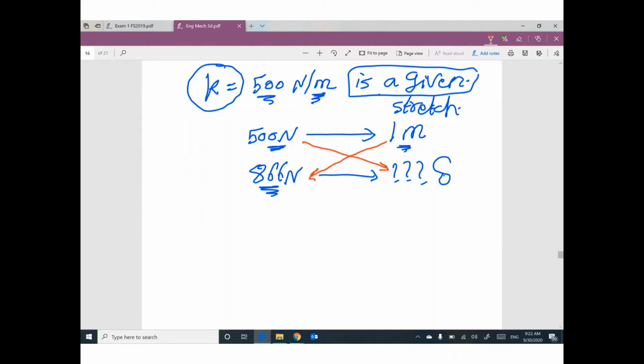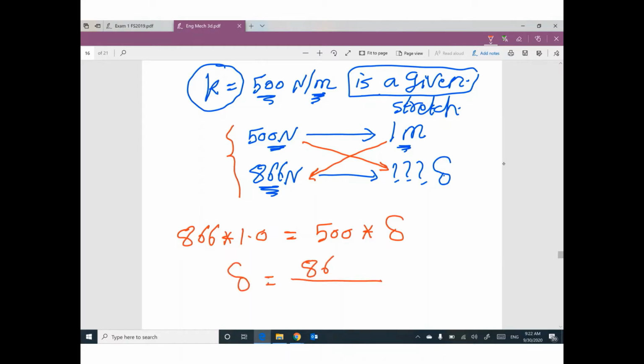So 866 times 1 equals 500 times delta. That means your delta will be 866 times 1 divided by 500. So I can figure out the value of delta, which is called the elongation in the spring.